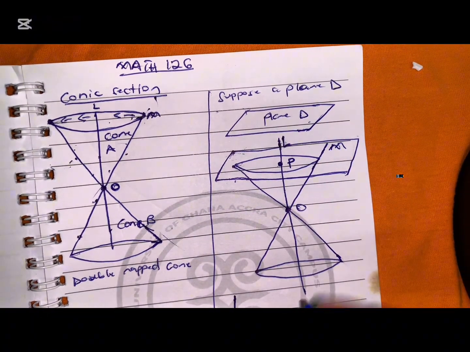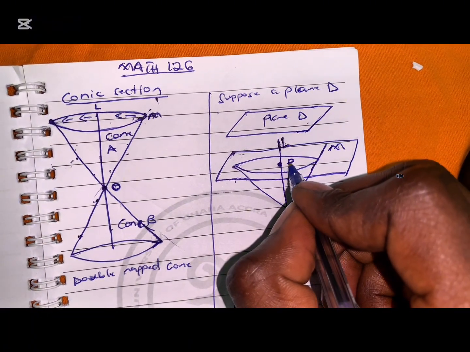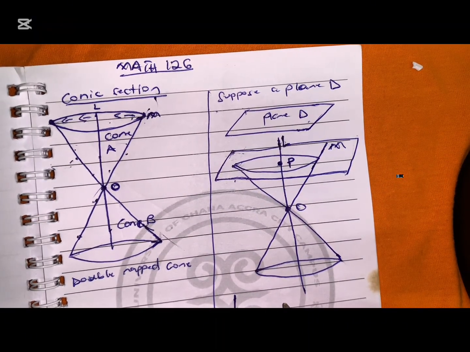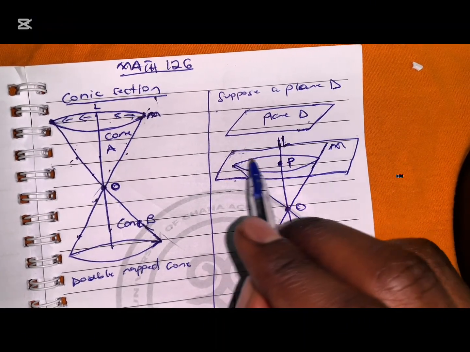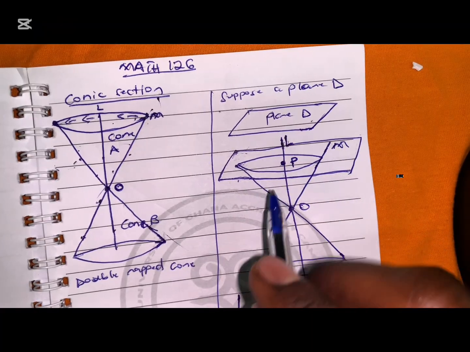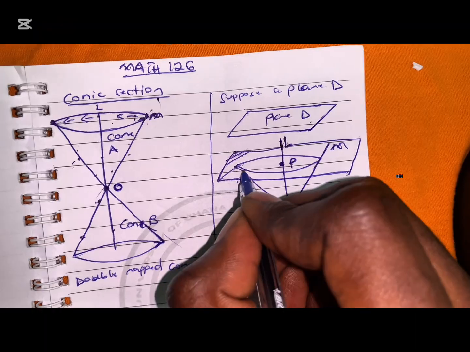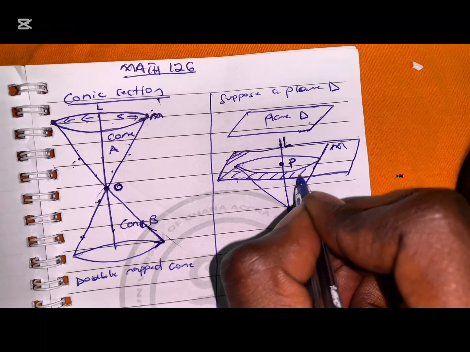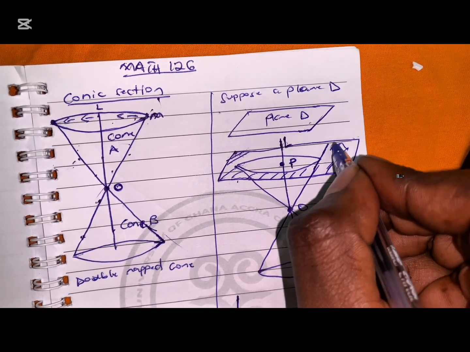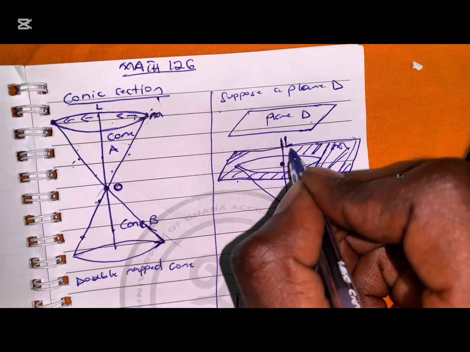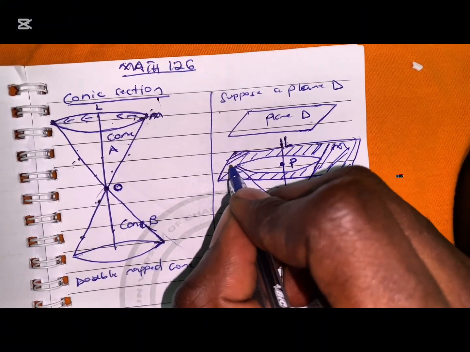You later know that this same P becomes the center of the image formed by these two meeting. So this is my plane, right? Good.